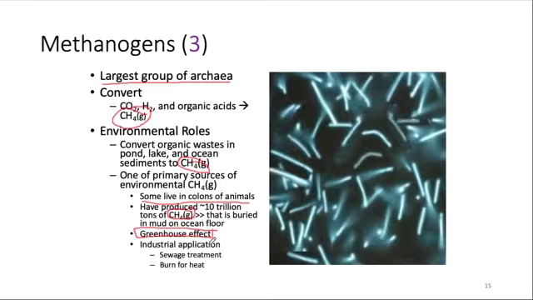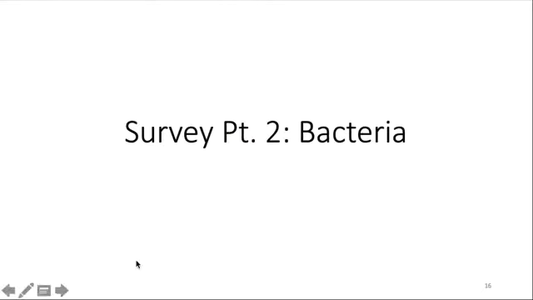So it contributes to the heating up of the climate. And then there are industrial applications, in sewage treatment plants, and the production of methane for use as a gas.